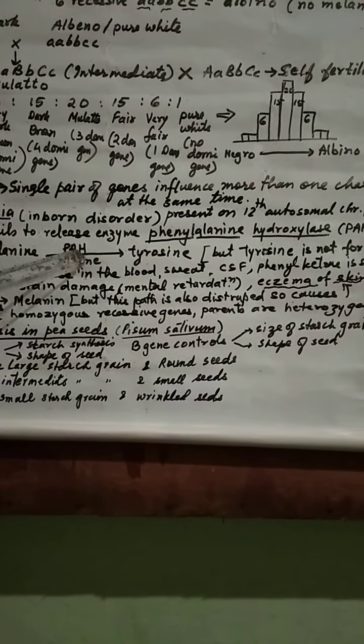Because this particular gene is defective, so the gene will not release this enzyme, so phenylalanine will not be converted into tyrosine. This phenylalanine will increase in the blood of a human being, maybe increase in the sweat, maybe increase in the cerebrospinal fluid, and phenylketone is also formed in the urine as a byproduct.